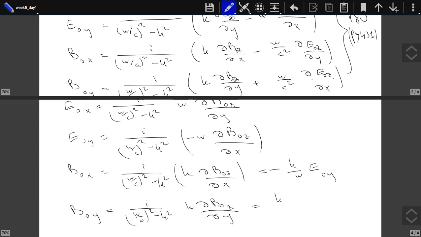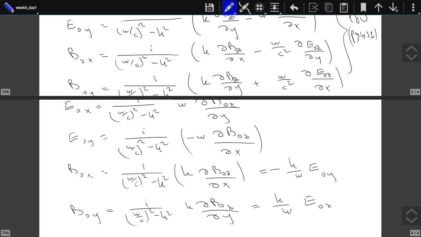And this is nothing but K over omega E0x. So if I determine B0z, I can just straight away determine the electric fields. Electric and magnetic fields are related through this relation over there.